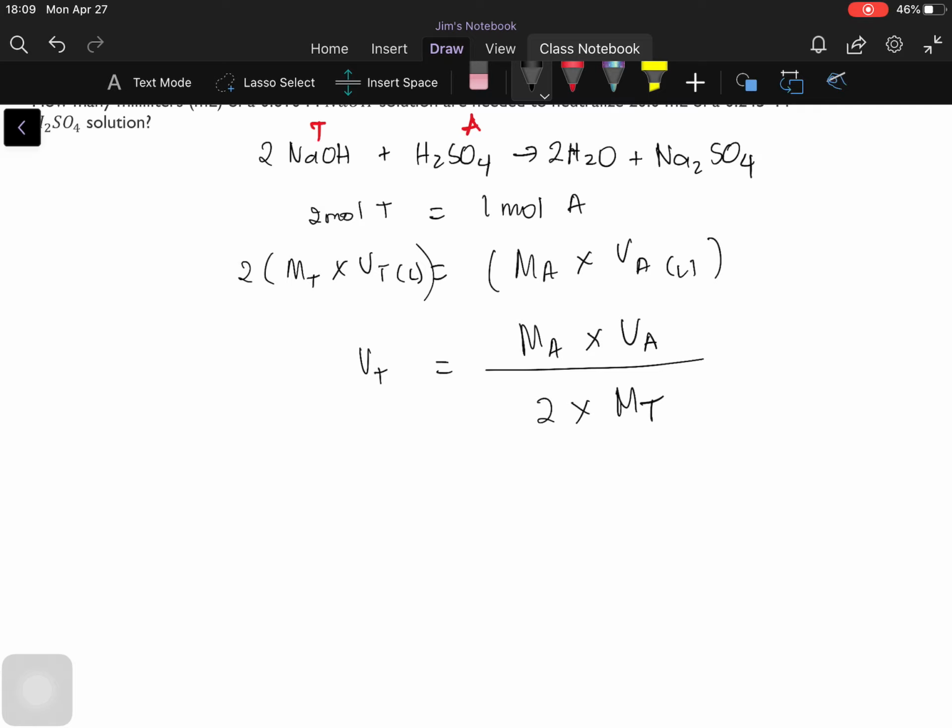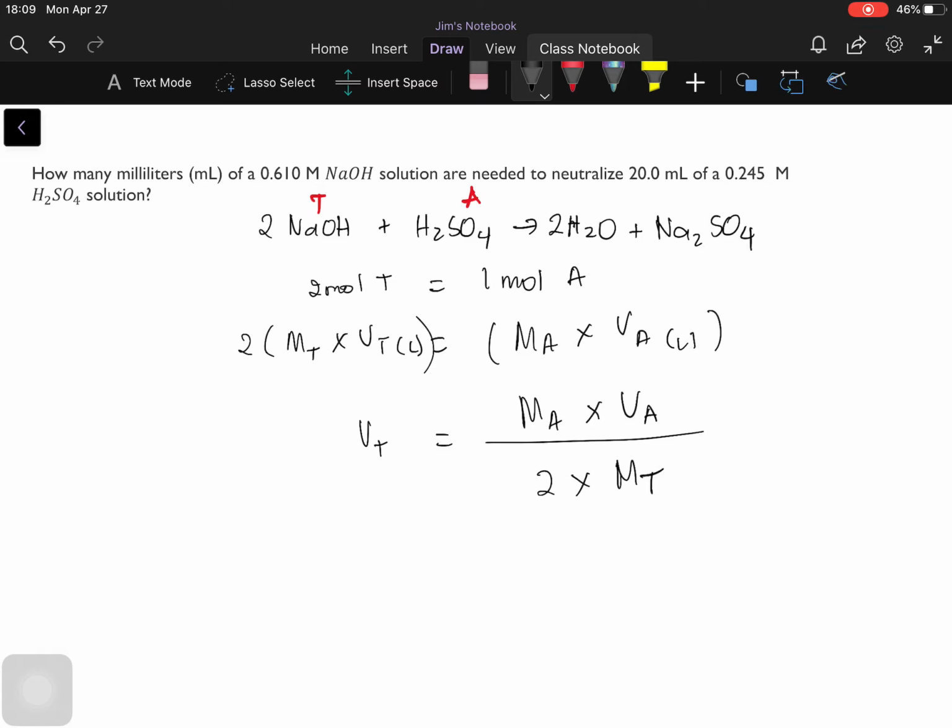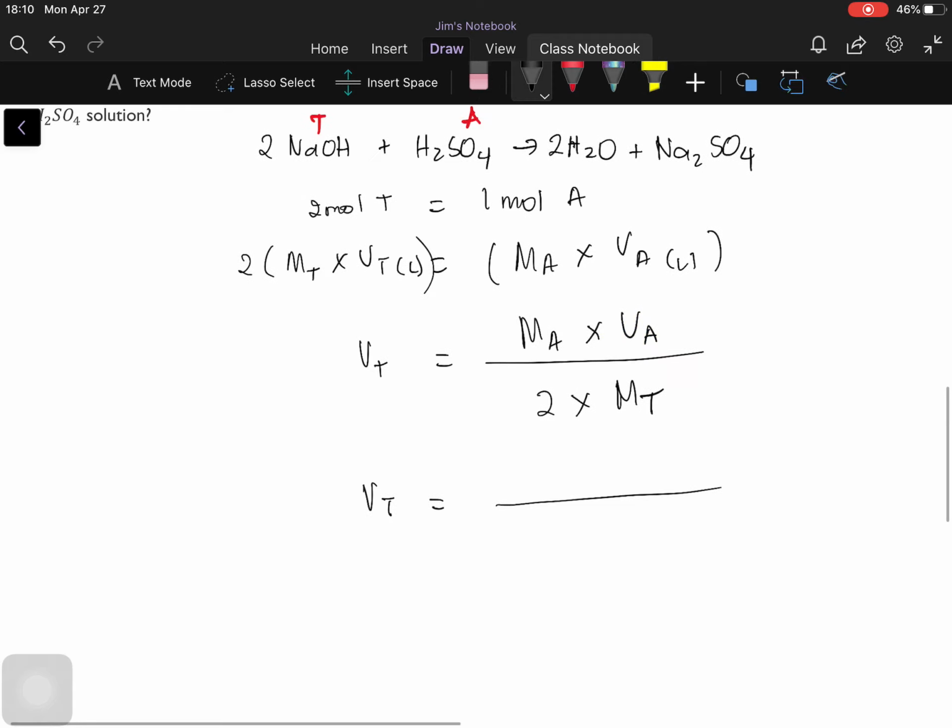We can now plug in all our information so we can solve for the volume of titrant. One tip for you: if you are asked to solve for the volume of your titrant or the volume of your analyte, you can opt not to convert the other volume into liters. So that's the idea.